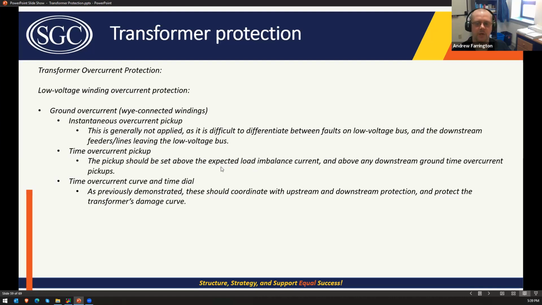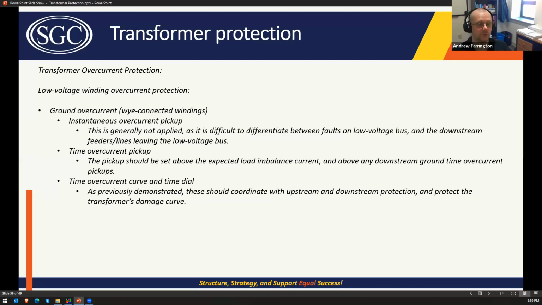the time over current pickup, in the case of a Y winding, should be set above the expected load imbalance. So say your load is 1,000 amps, but it's a relatively balanced circuit. Say it's a 115 kV transmission line where things are always very, very balanced. You might set that to 5% of the total load, expecting that to be the imbalance, or set it above 5%.